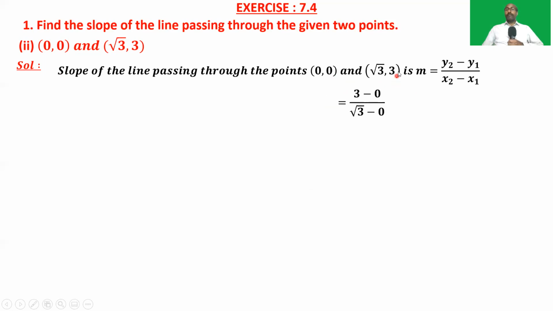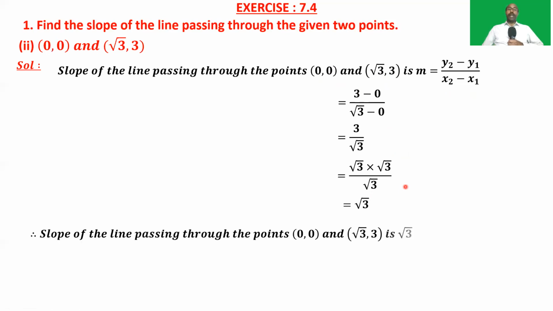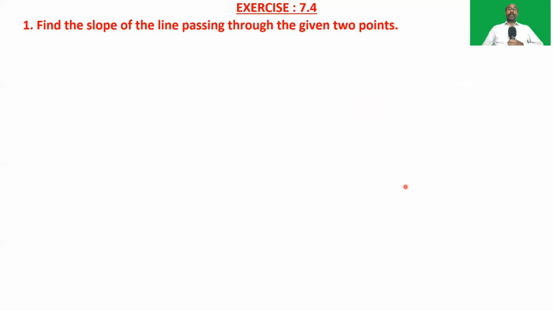So we get y2 minus y1, that is 3 minus 0, by x2 minus x1, root 3 minus 0, which is equal to 3 by root 3. But we can write 3 as root 3 into root 3. So by cancelling one root 3 in the numerator and denominator, we remain with root 3. So the slope of the line passing through the points (0, 0) and (root 3, 3) is root 3. Okay, and let us do the third problem.